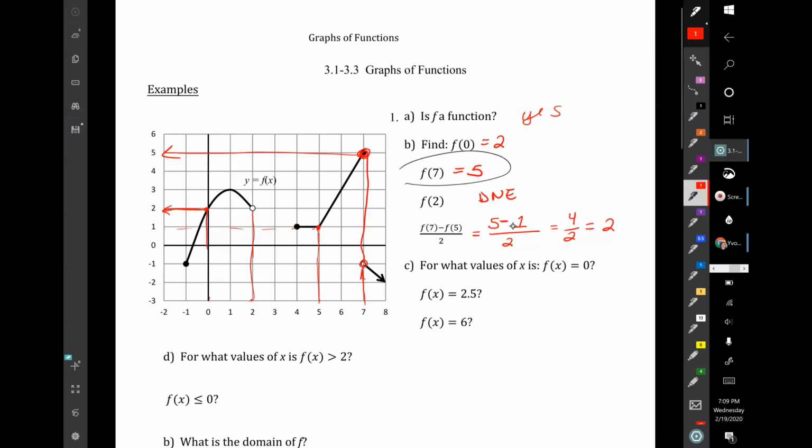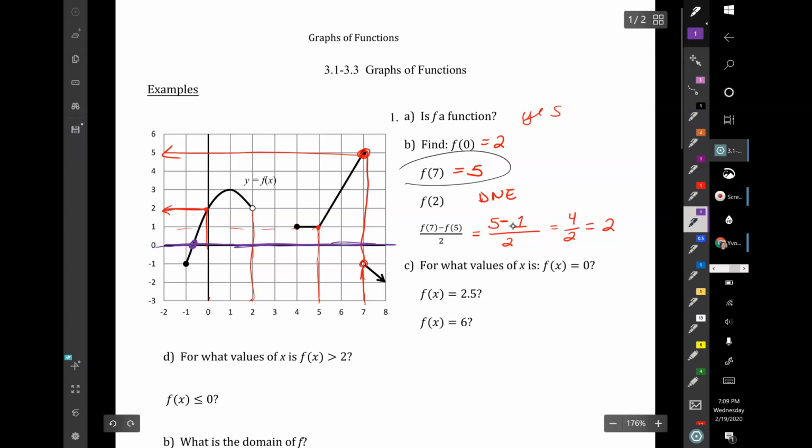C, for what values of x is f of x equals 0? So now I'm going to use a different color here so we can look at when the y is 0, which would be the x-axis, that whole thing. And where does our graph hit this piece of a parabola?